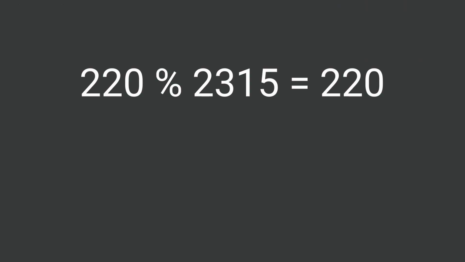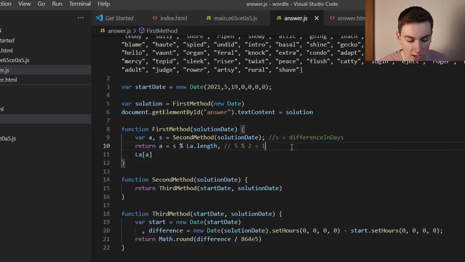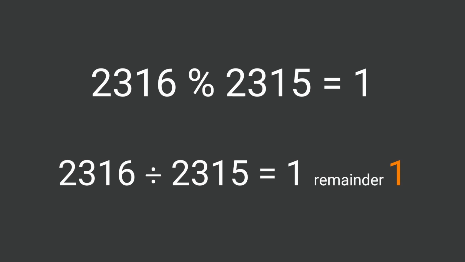For example, if our difference is 220, then 220 % 2,315 still equals 220. This is because 2,315 doesn't go into 220. However, once our difference is over 2,315, such as 2,316, then 2,316 % 2,315 equals 1, as 2,315 goes into 2,316 once and has a remainder of 1.